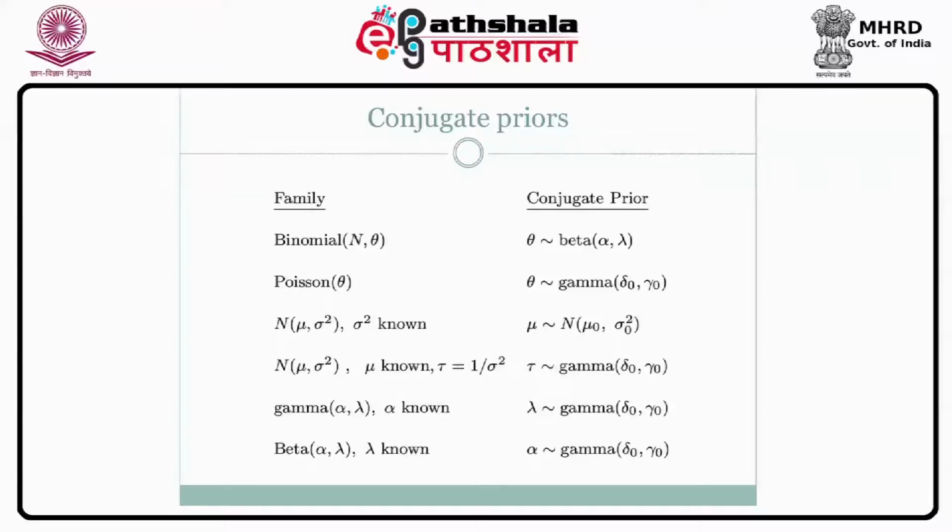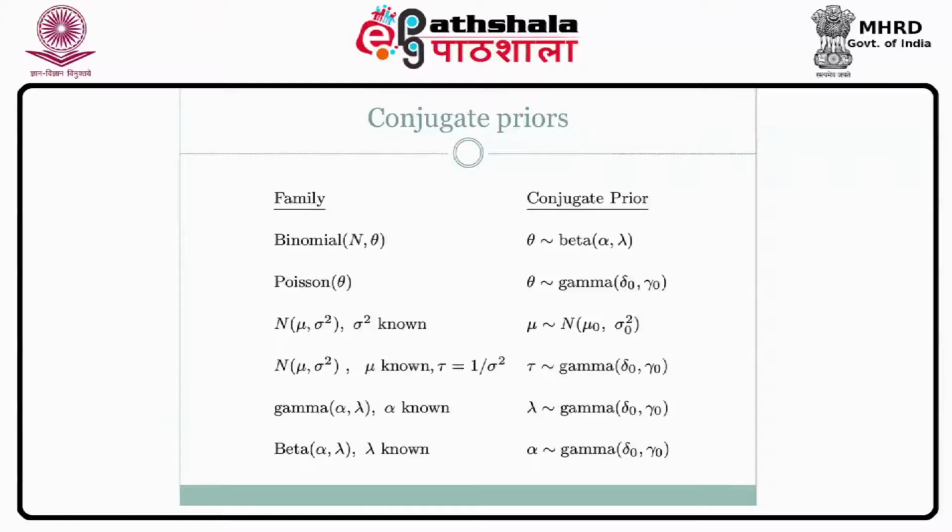But what is a conjugate prior? The conjugate prior is the prior such that the posterior distribution obtained by combining the conjugate prior with the likelihood gives you a distribution which belongs to the same family of distribution as the conjugate prior.